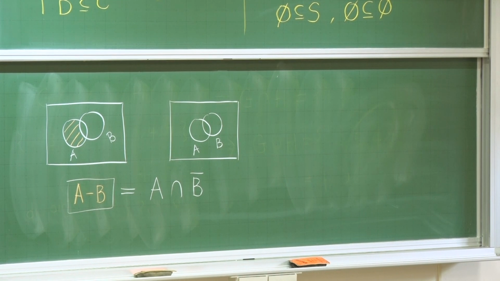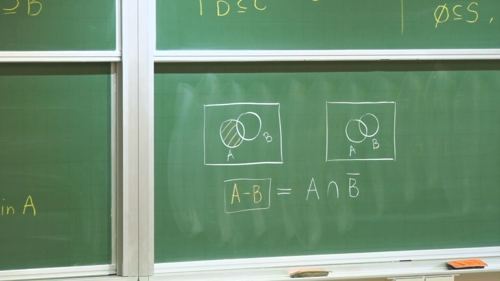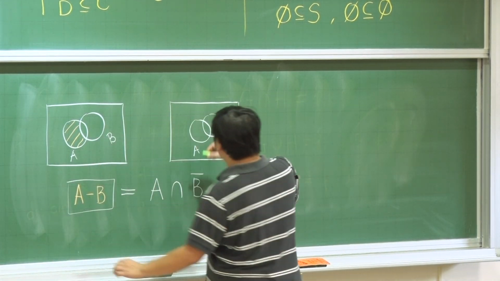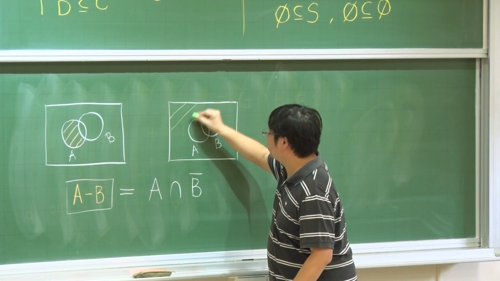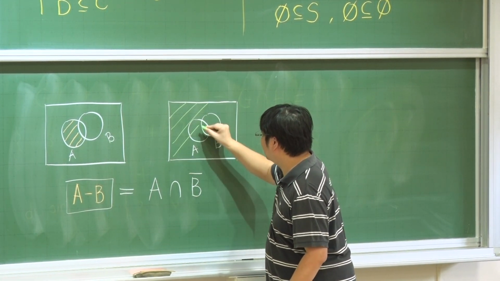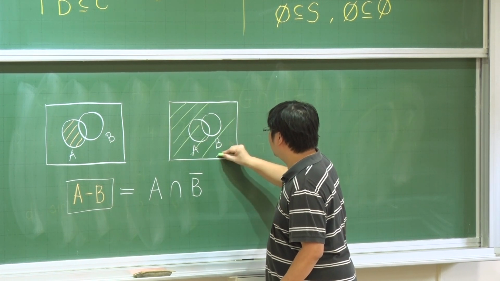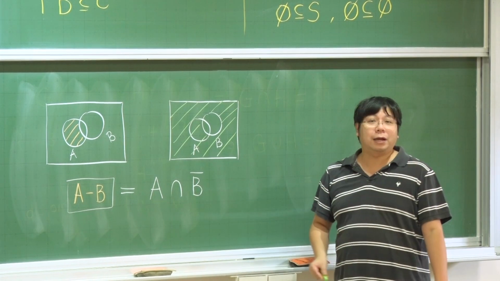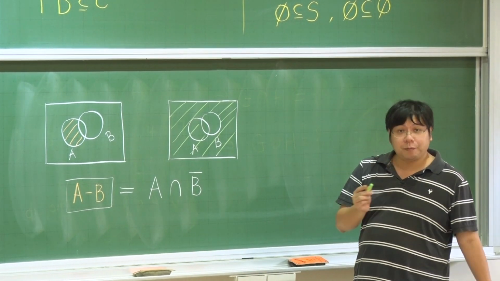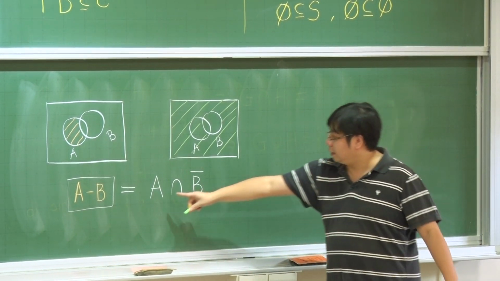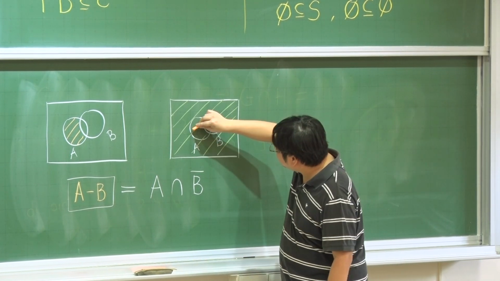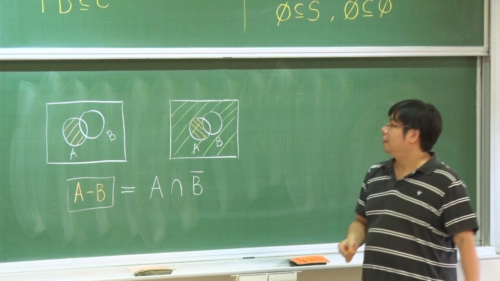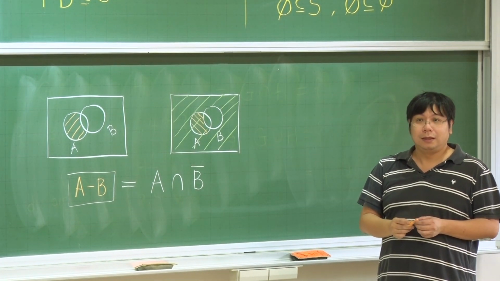So let me shade it in what color? Let's try. So where is the complement of B? So this is the complement of B. Is that okay? So the green part is the complement of B. And where is A? A is this part. Is that okay?